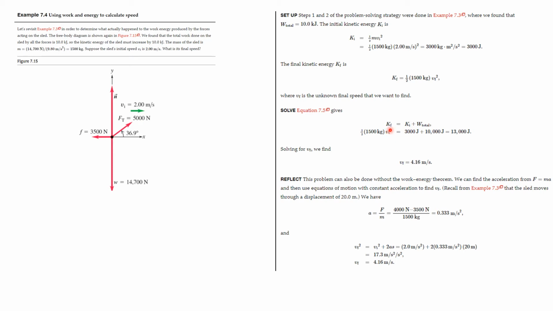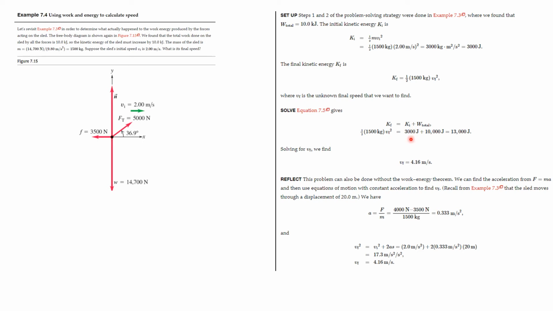So the final kinetic energy is going to be the initial kinetic energy plus the total amount of work. We can find the final kinetic energy, which is 1/2 m v final squared. Now that's what we're trying to find, v final squared.